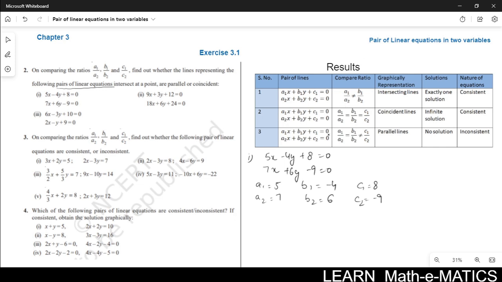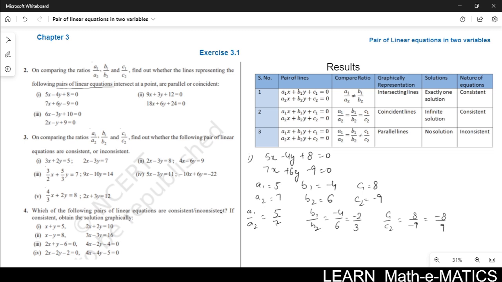Now we find the ratios. a1 upon a2 is 5 upon 7. Next, b1 upon b2 is minus 4 by 6, and its simplest form is minus 2 by 3. c1 upon c2 is 8 by minus 9, which is written in this form, right?